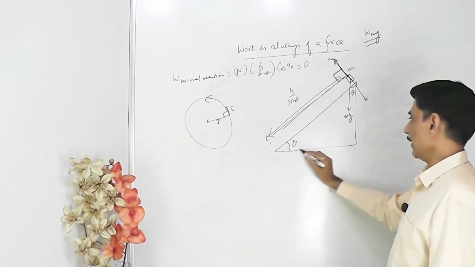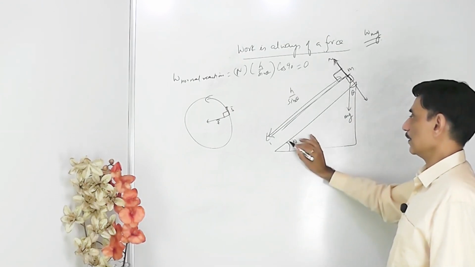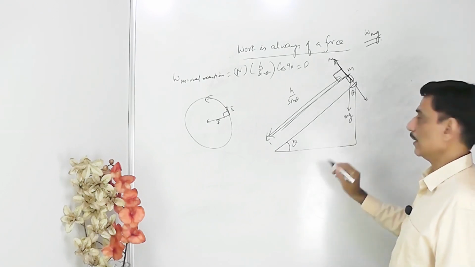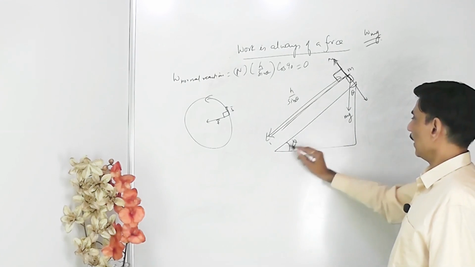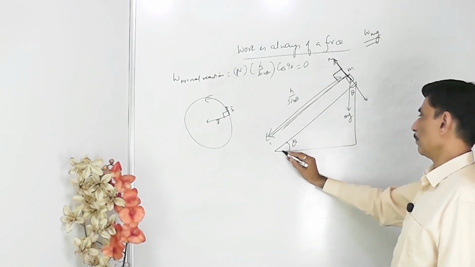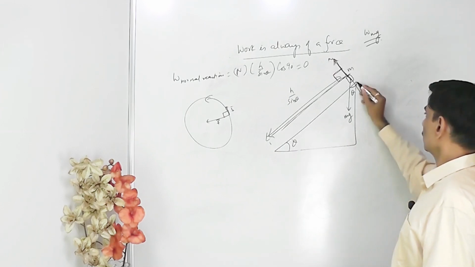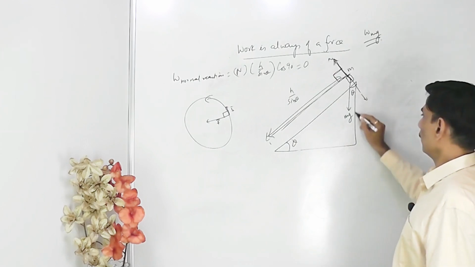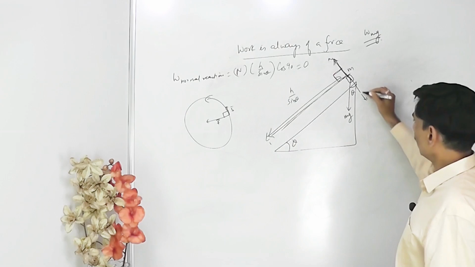We know the angle between two intersecting lines is theta, so the angle between their perpendiculars is also going to be theta. If between these two lines the angle is theta, then the angle between the perpendiculars is also theta.